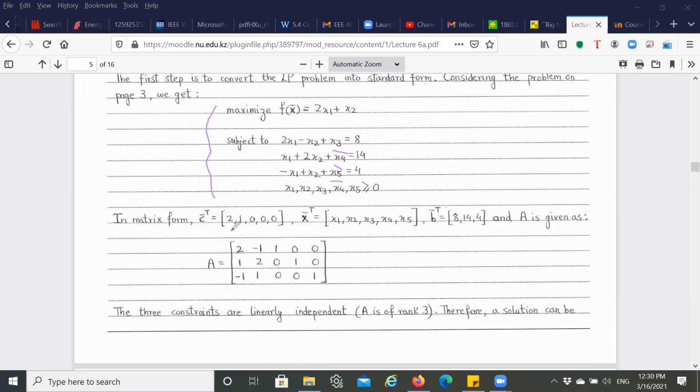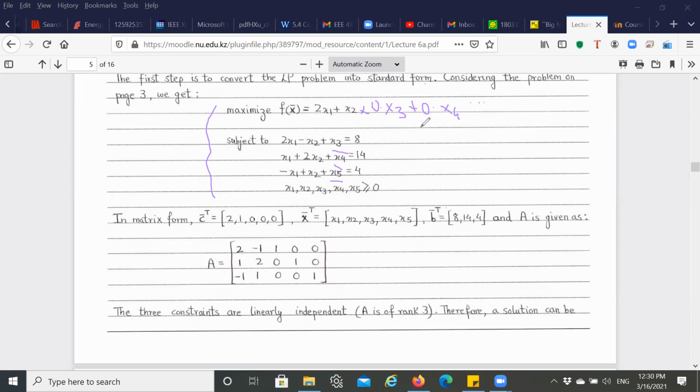If I want to express this in matrix form, the C vector would be 2, 1, and 0, 0, 0 for the slack variables, because in order to make the dimensions meet, you just put them equal to 0. So I could have written this as plus 0 times x3 plus 0 times x4 plus 0 times x5.